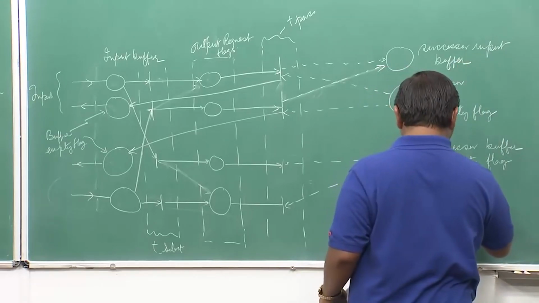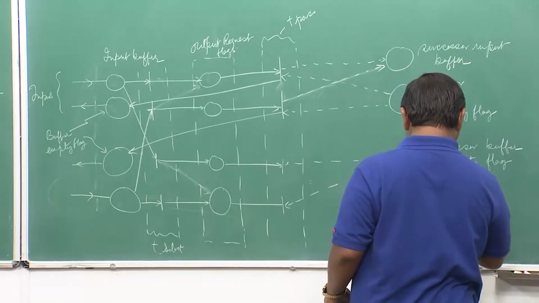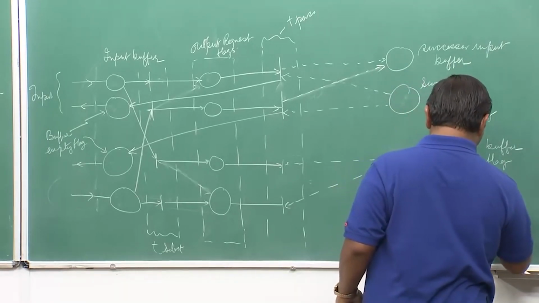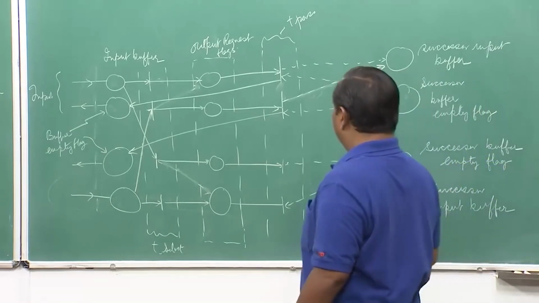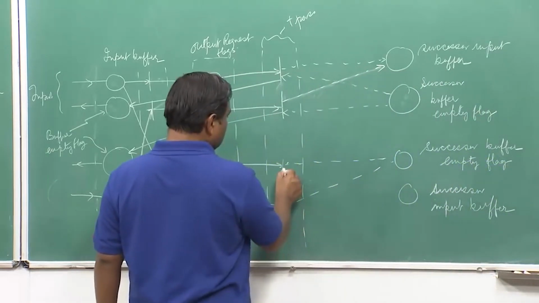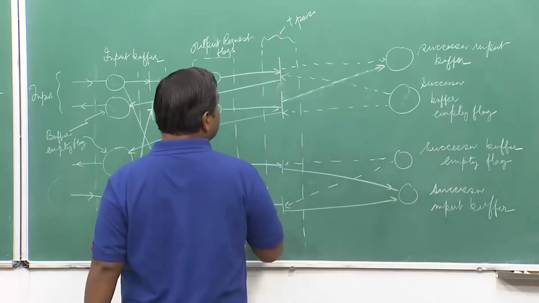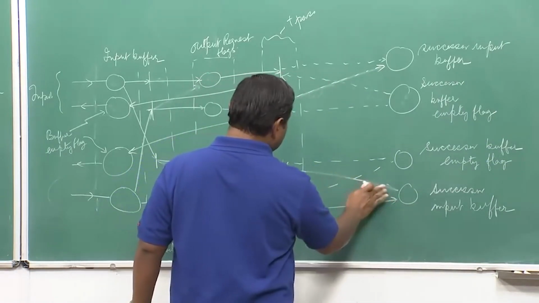This is also successor input buffer. In fact, I should keep it dashed because this belongs to the next one.